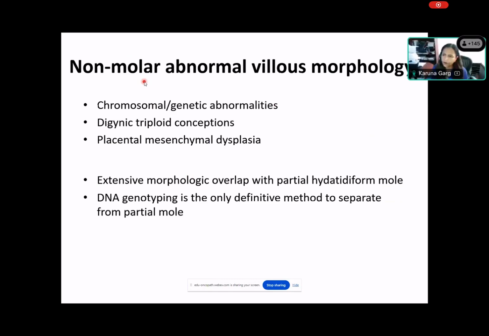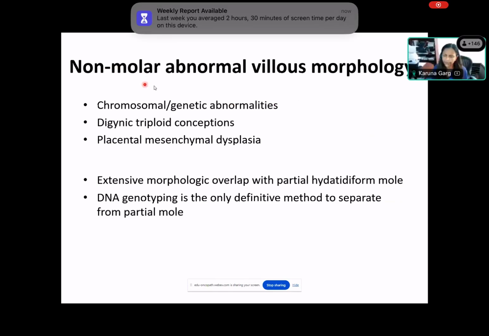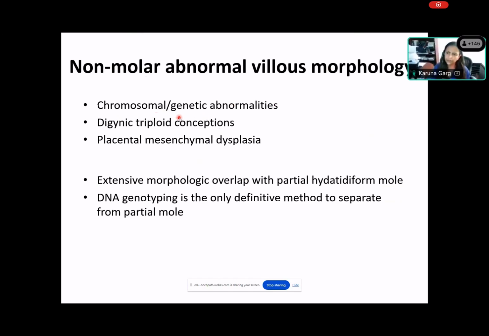So let's go on to non-molar abnormal villus morphology. You can get abnormal villus morphology that is not due to a molar pregnancy, and of course, you're going to want to try to separate the moles from the non-moles. These are often due to chromosomal or genetic abnormalities. Trisomies are probably the most common cause of abnormal villus morphology that's not due to a molar pregnancy.